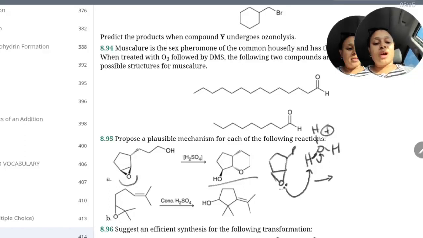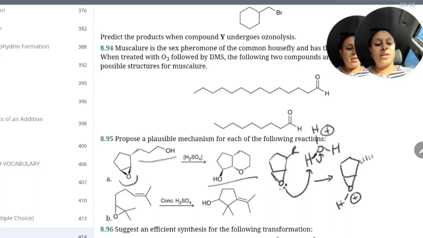And I'm just going to put R here for now. I'm going to use that later, but just to give me some space. Now, this makes this oxygen a better leaving group, so it will leave one side of the molecule. So now is the time that I am concerned about the rest of my molecules.